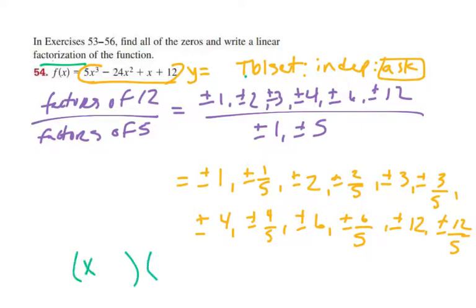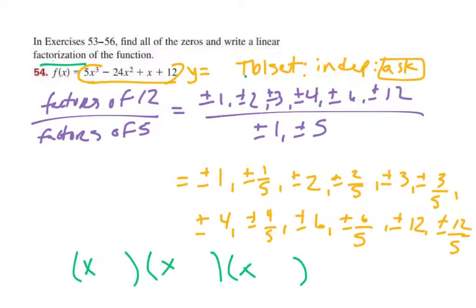We will have 3 of them because it's x to the 3rd, so our linear factors are going to be that. And so I need to type in the equation 5x to the 3rd minus 24x squared plus x plus 12. Let's make sure I didn't miss any negatives or anything.